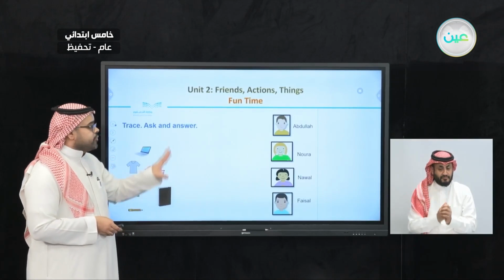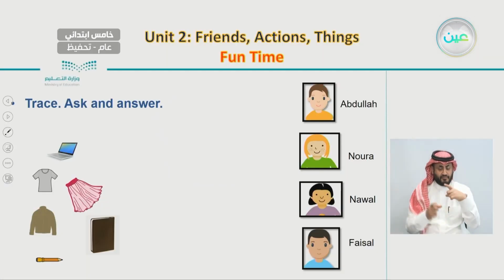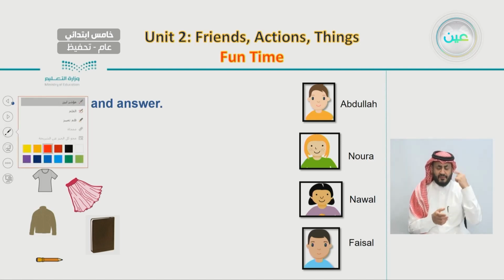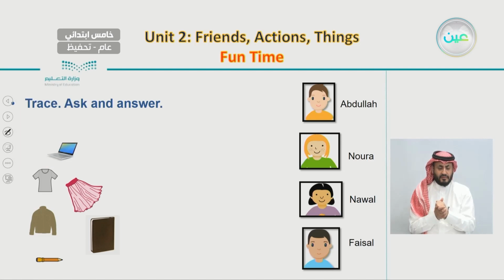So for example, let's have a look at these four people. Here we have Abdullah, Noura, Nawal, and Faisal. And here we have different items. If you want to ask whose each of these items is, we can choose one person. So let's begin with this laptop.